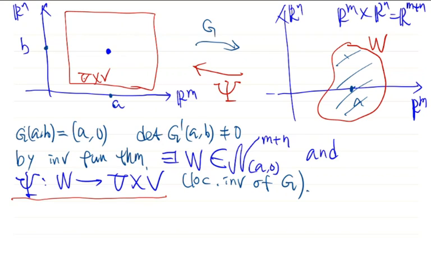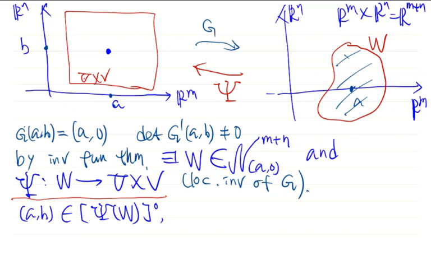Now our (a, b) is an interior point of the image of W under psi. Actually, the image of W under psi is open, and obviously (a, b) belongs to the image.